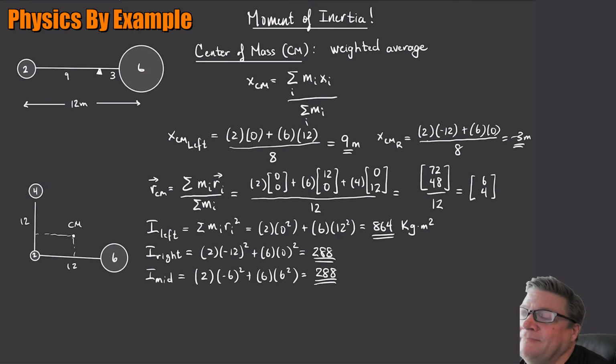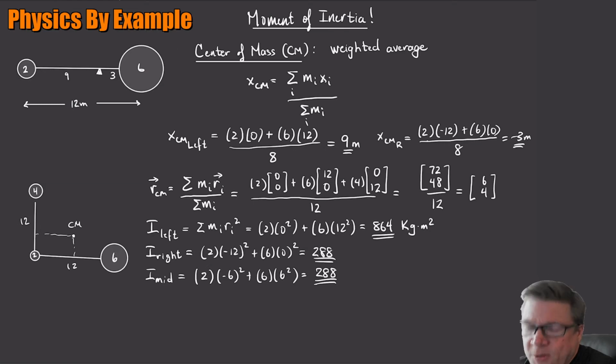That's really interesting. Is that the lowest number I could get? It just so happened, this is sort of a coincidence, that I got the same number for the moment of inertia about the right side and about the middle. But that's not the lowest it could be. We already know where the center of mass is, right? We've already computed that.